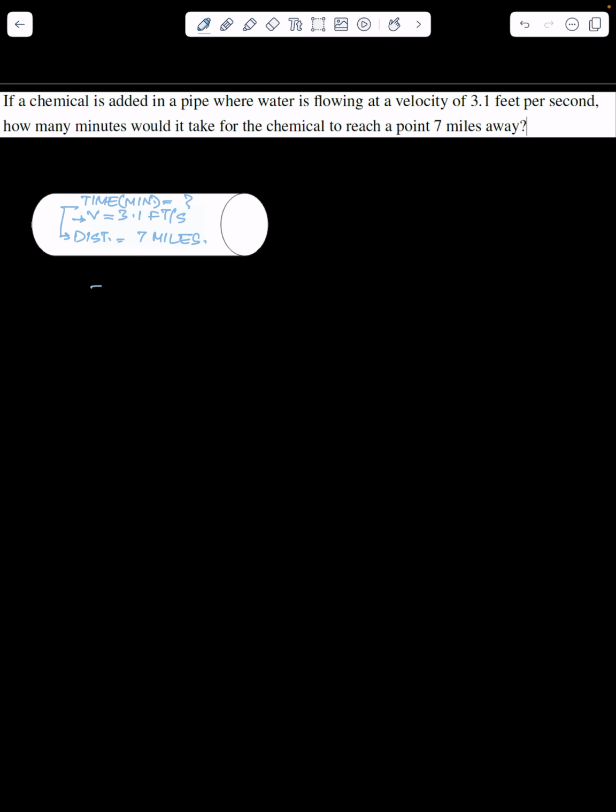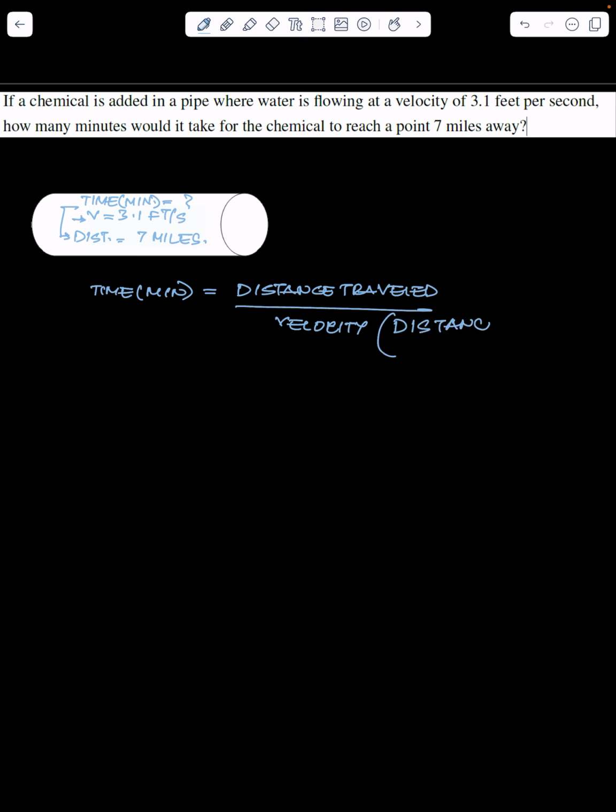So the time in minutes can be calculated by dividing the distance traveled by the velocity. And the reason is that velocity is distance per time. Therefore, the distances will cancel out, and what you will get is the unit of time.